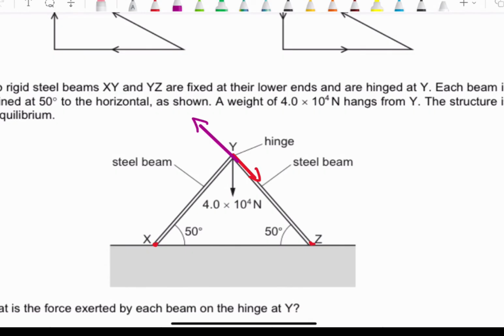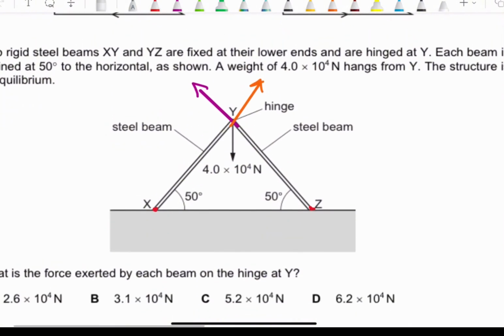And YZ is also going to exert a force down on this rod itself, but this is going to react and create a force moving in this direction, upwards. So I can just consider these two forces and eliminate the other ones, and just consider these two forces as my only forces acting. They're just going to be the same.